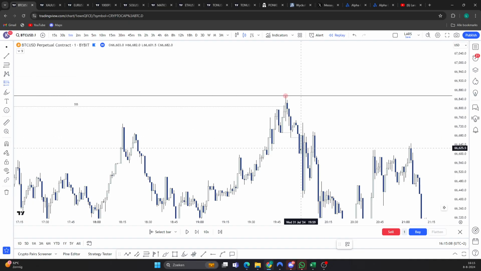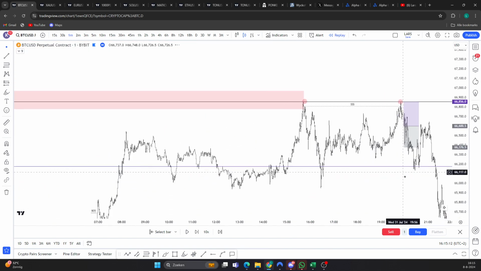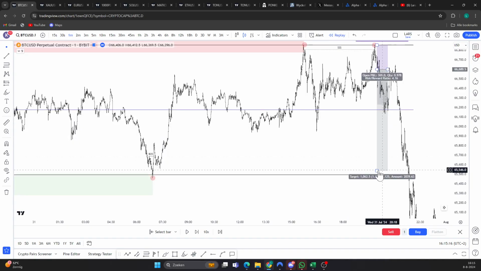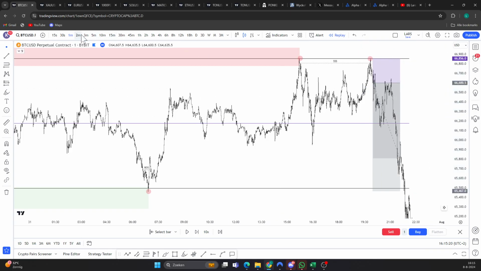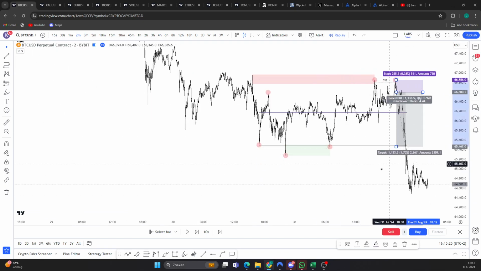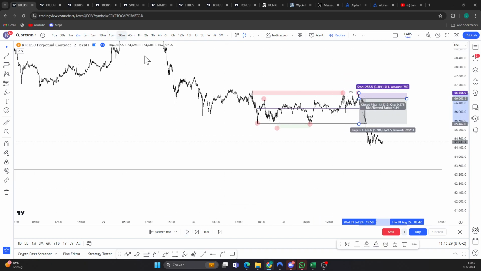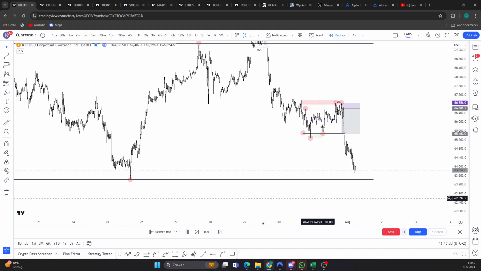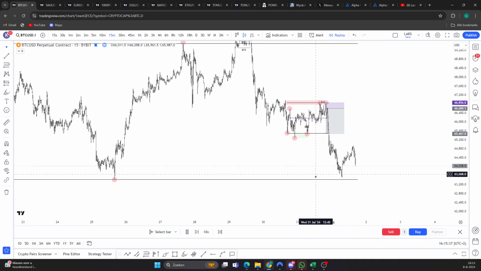So you could have shorted it all the way down on that break, stop loss above the high, and now, yes, you can target the range low, and you already have, or the new range low right here, and you can already have a 4.4 risk to reward, but we're expecting price to go lower because you can basically target this macro range low, which also eventually got mitigated right here. Obviously, it comes back up before touching it.